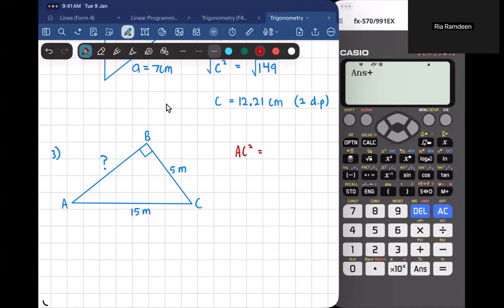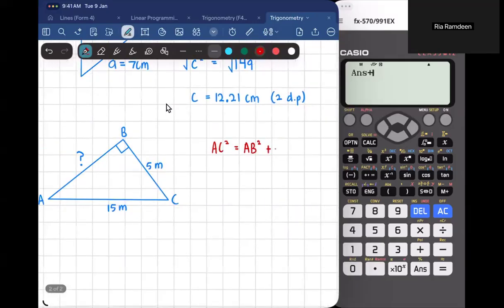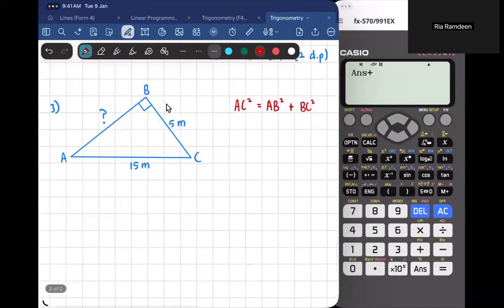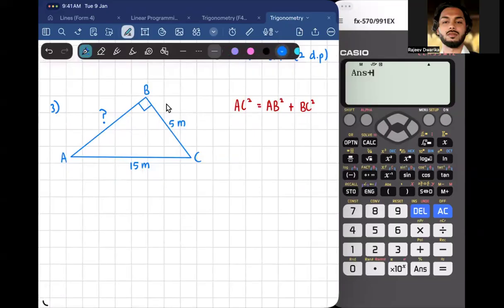We need to write Pythagoras first. So AC squared equals AB squared plus BC squared. Now we can plug in the values we have. What was AC? 15 squared.